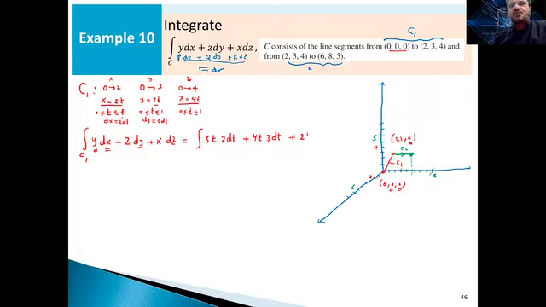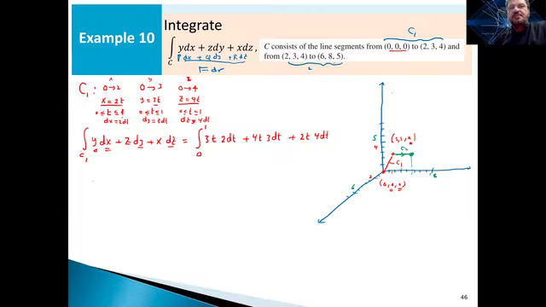So I'm going to replace it with 2t times dz. What's dz from this one? dz is what? 4 dt, because dz over dt is 4. So dz is 4 dt. Since everything changed to t, and I know all of them are t from 0 to 1, so we say from 0 to 1.